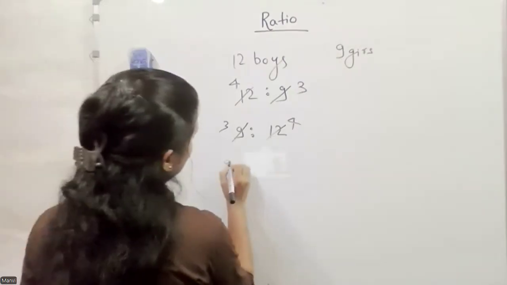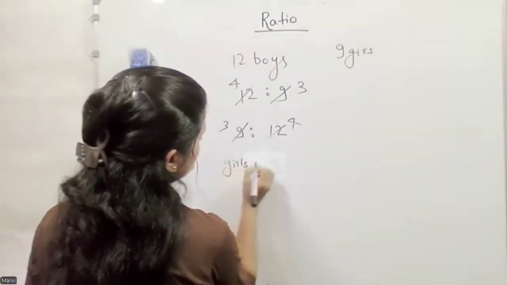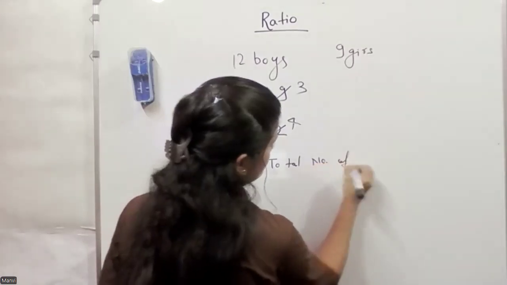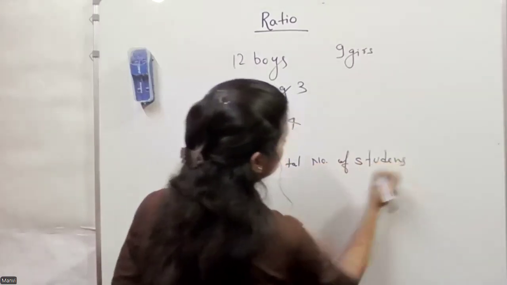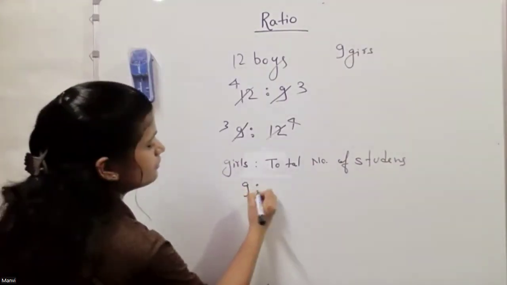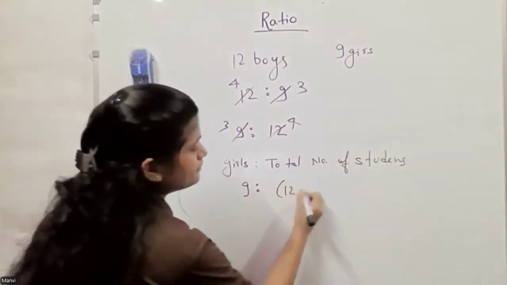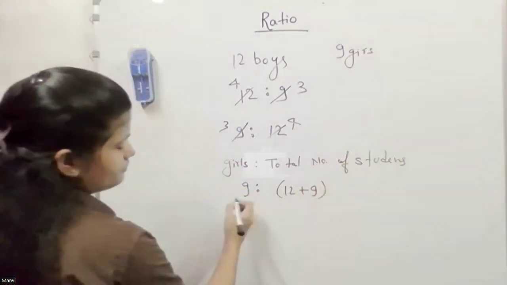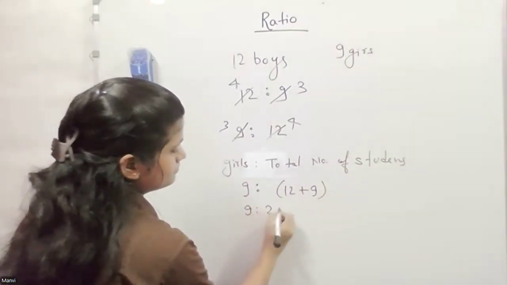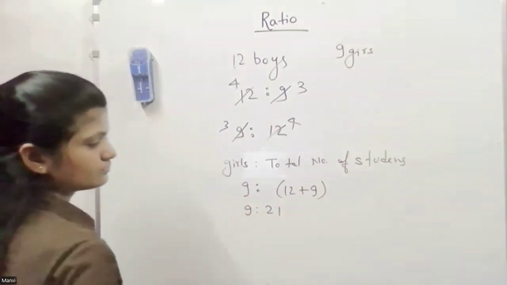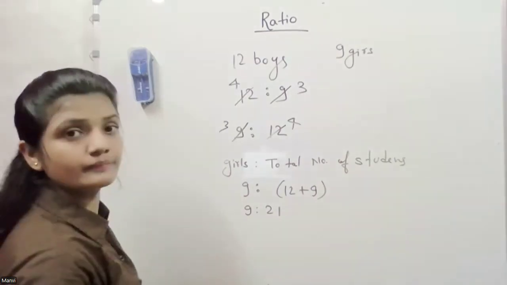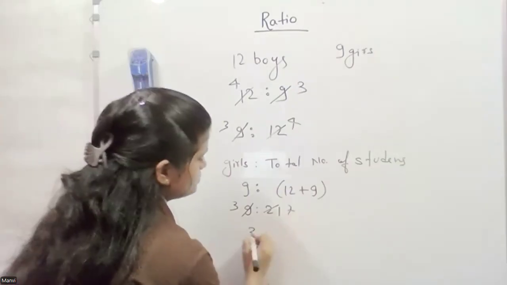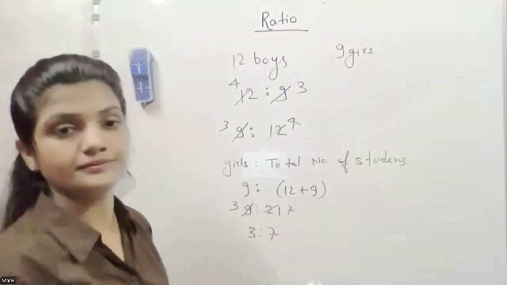So girls ratio total students will be 9 ratio, what? 12 plus 9, do you agree? Which is 21. You can simplify, divide by 3, and that will give you 3 ratio 7. So the answer will be 3 ratio 7. Good.